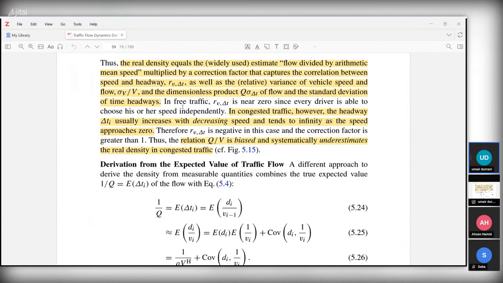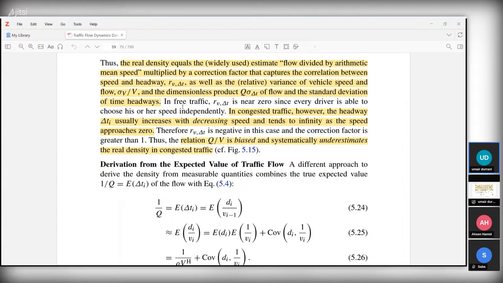So because they are going to their desired speed, there is essentially no correlation between their desired speed and time headway, because they can go at any speed they want, and they don't really care about where the lead vehicle is. In congested traffic, however, the headway delta Ti usually increases with decreasing speed, and tends to infinity as the speed approaches zero.